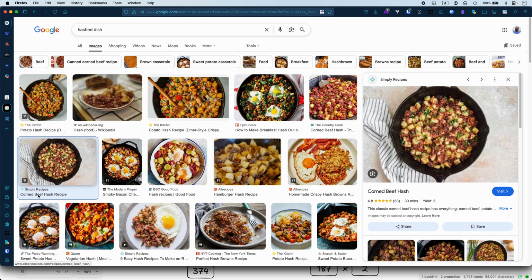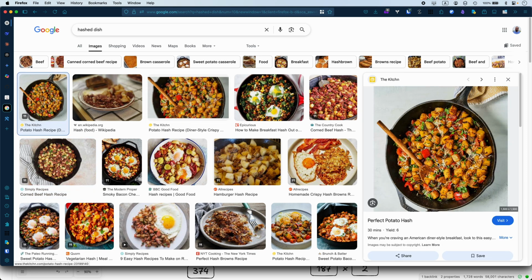Like this is some corn beef hash, this is potato hash, and here I can see maybe coriander leaves, some cheese grates, there's potato, there is probably tomato. I don't know what spices were used, how much salt was used, and how it was prepared, right?